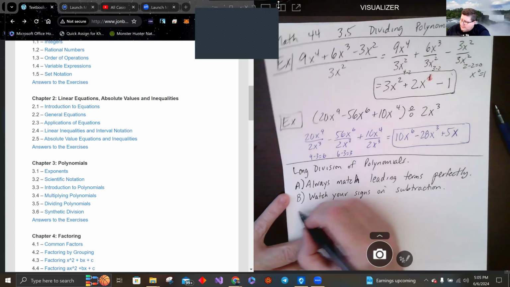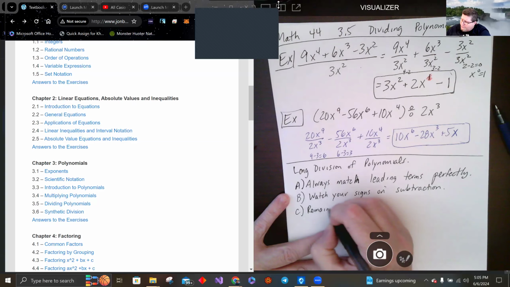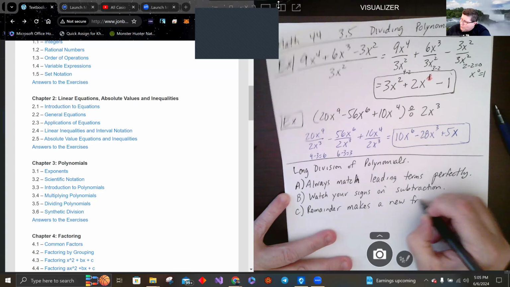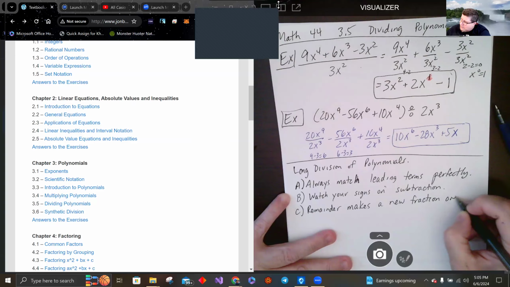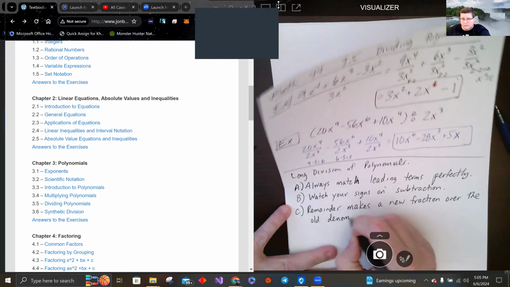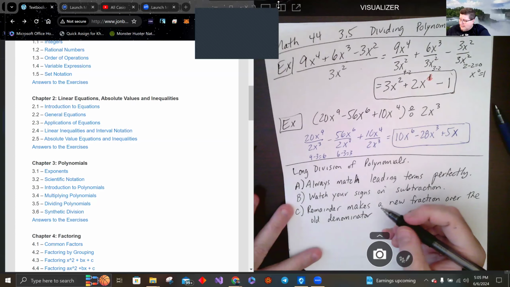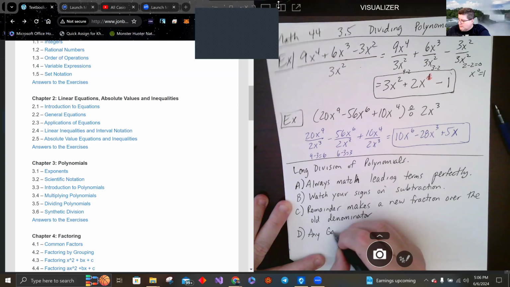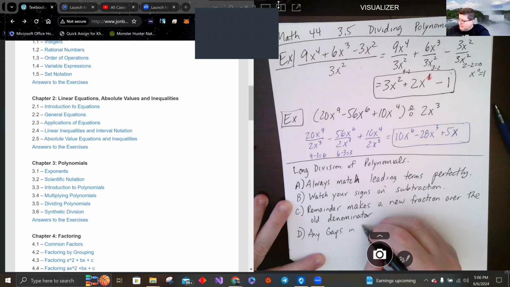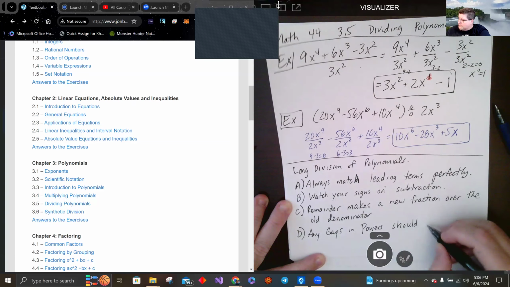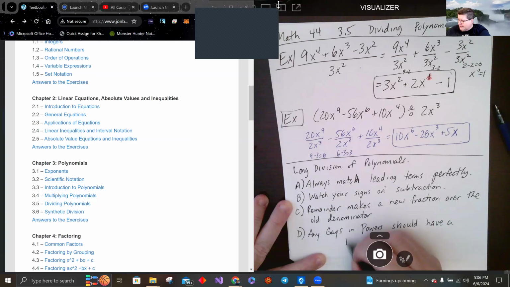The remainder makes a new fraction over the old denominator. And any gaps in power in the exponents should have a placeholder with a 0 exponent or 0 coefficient.